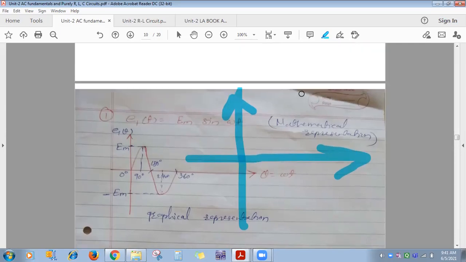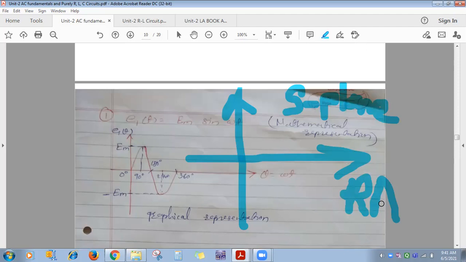This S plane has its x-axis called the real axis. Complex numbers, all of you know, like 6 plus 5j, 6 minus 2j. The first one is the real part, and the part with j or i, the complex variable, we call the imaginary part.